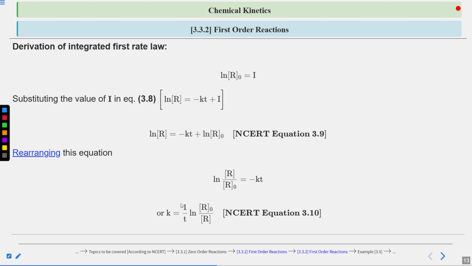Okay, so the k value, that is the rate constant value, finally becomes 1 by t of ln of r naught by r. This ln is the representation of the logarithmic term. This rate constant value is marked as NCERT equation 3.10.